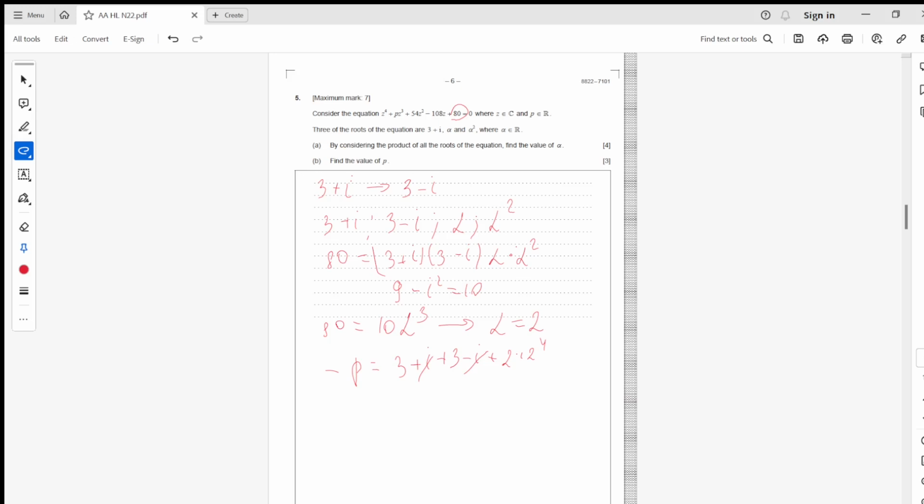This i cancels out. This is of course 2, and 2 squared, of course. And this equals 12. Then p equals minus 12.